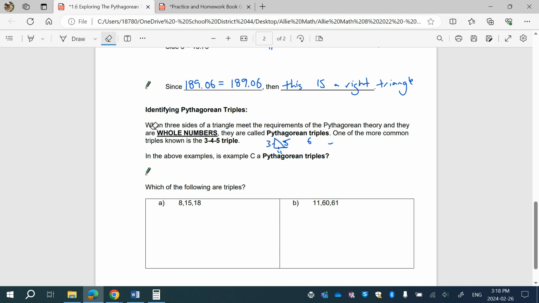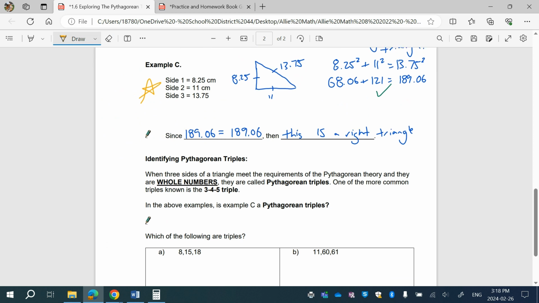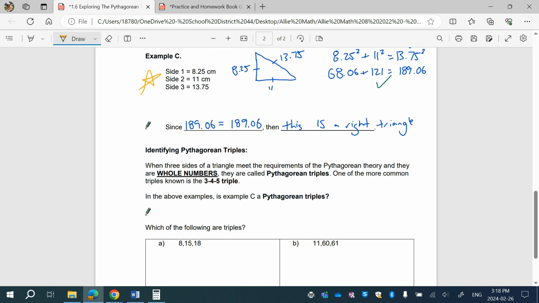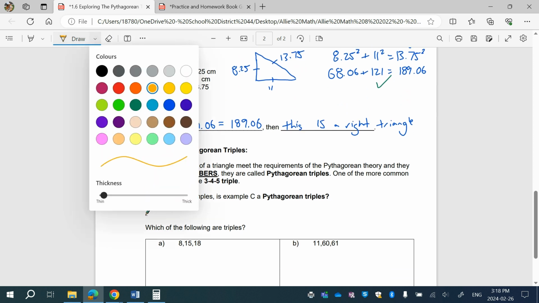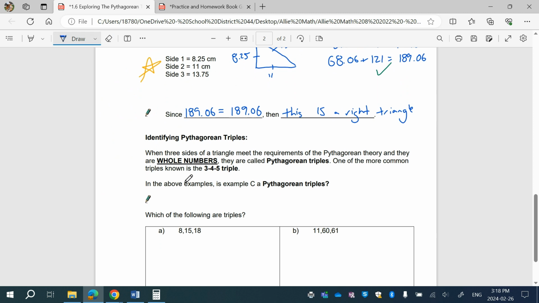So our first question is the above example, so this example that we just did, example C: is C a Pythagorean triple? You might be tempted to say yes because it worked. It proved that we had a right triangle. However, it's for whole numbers, and we had decimals.